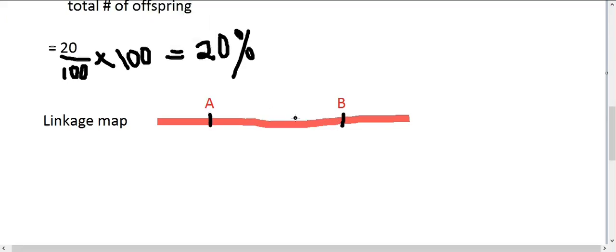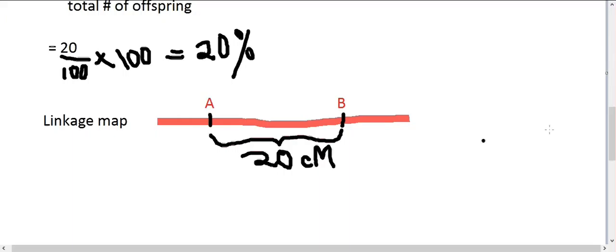That's where the loci for gene A and gene B are, and for their alleles. And I'm going to say that this part here is 20 centimorgans. So this is where centimorgans comes in.